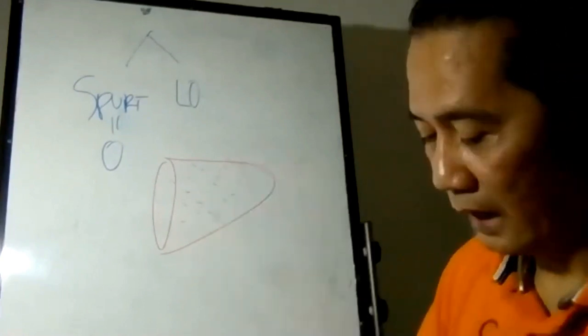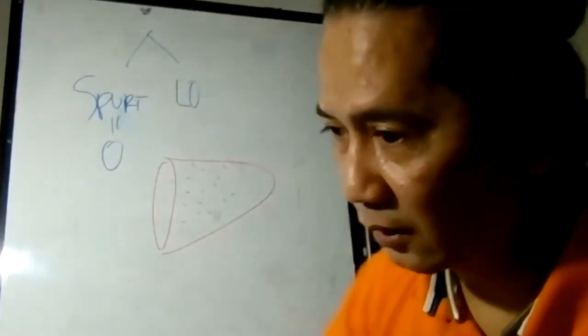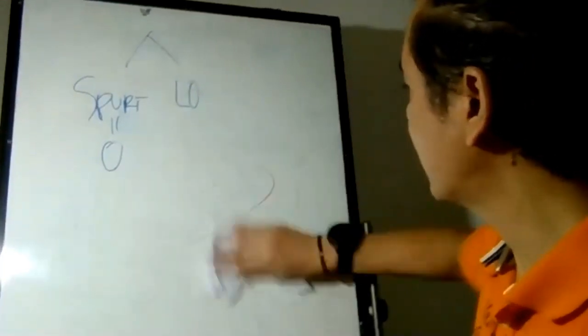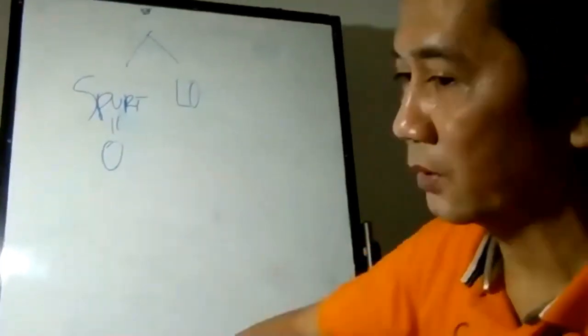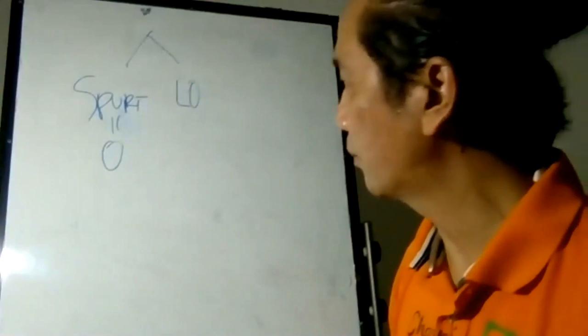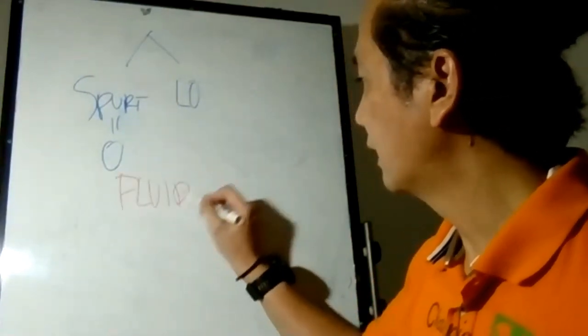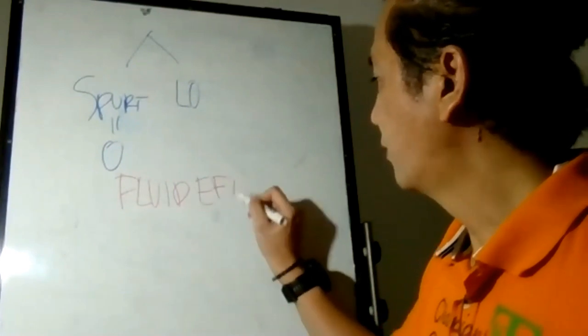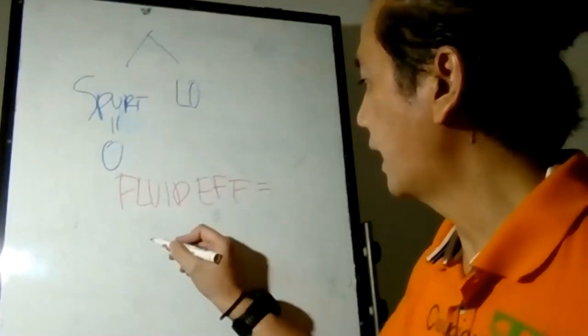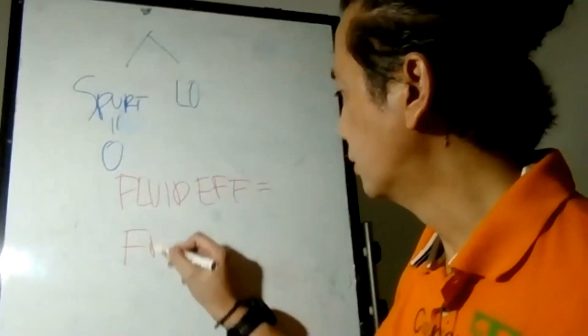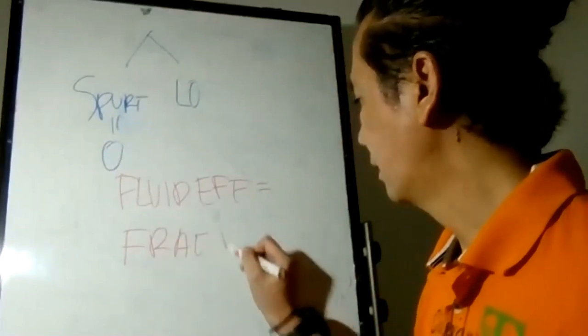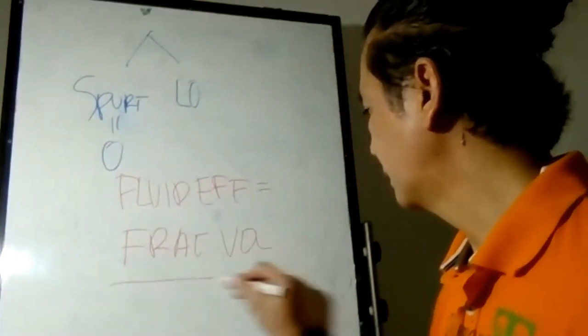So then, how do you define leak-off? Why is leak-off in fracturing important? Leak-off is important to design a frac job later on, because leak-off will define what we call fluid efficiency. Fluid efficiency is defined by frac volume divided by fluid injected.